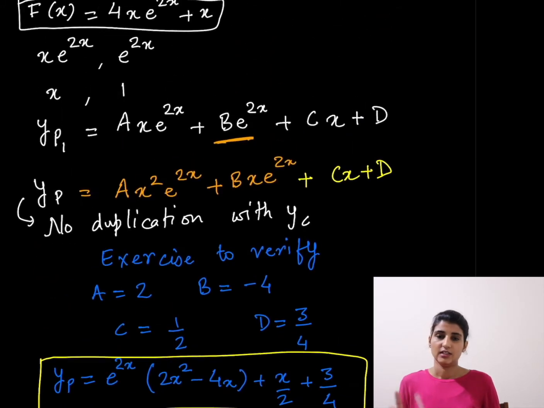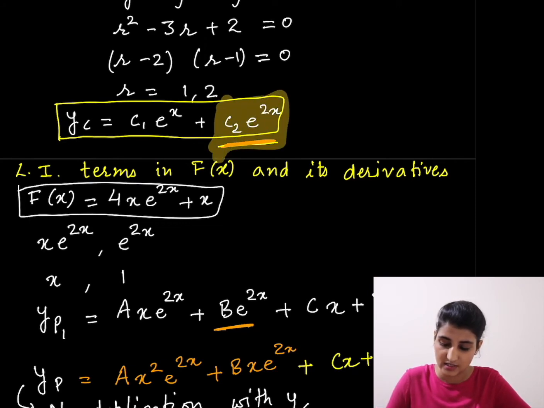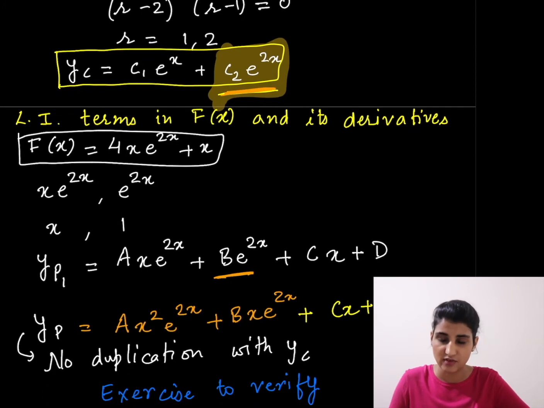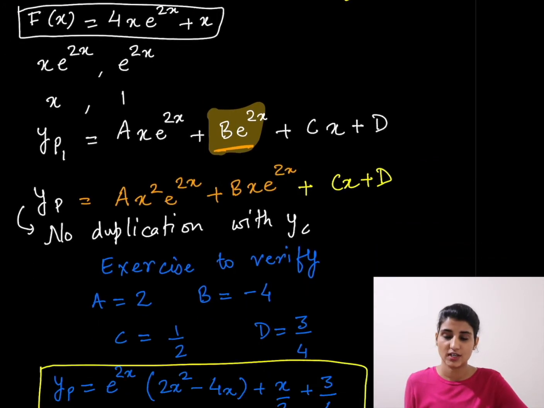Okay, let's recap. Whenever we have a duplication, like here for e power 2x, we have e power 2x in yp and we had e power 2x here, we multiply by x power s. This s we choose such that there is no duplication left, the smallest such s.